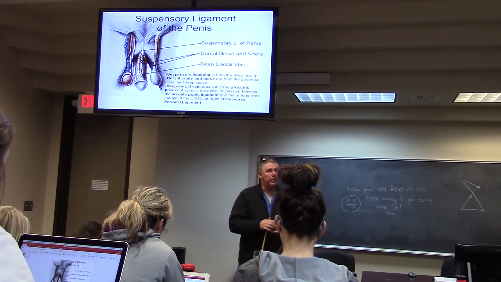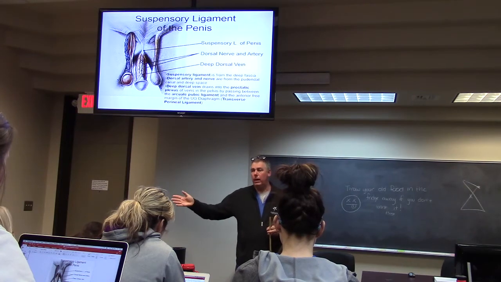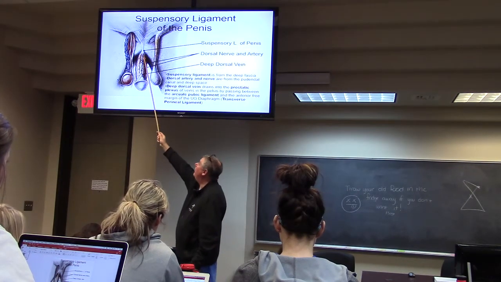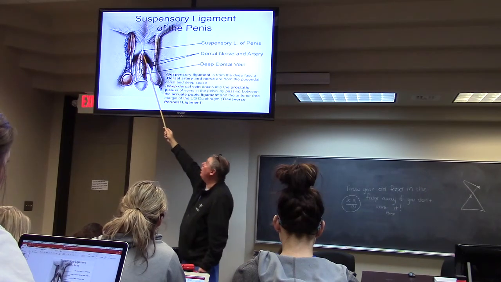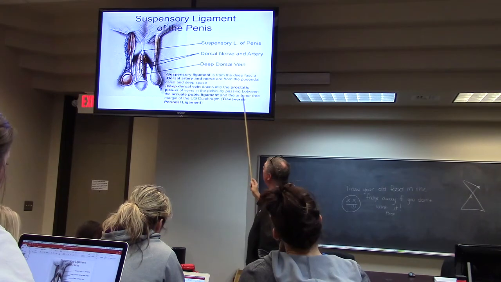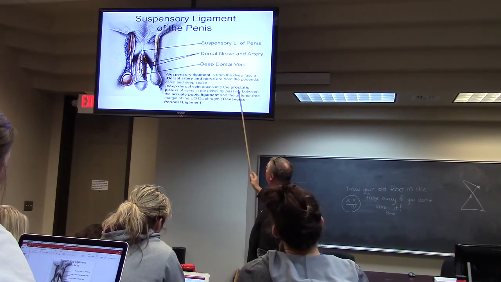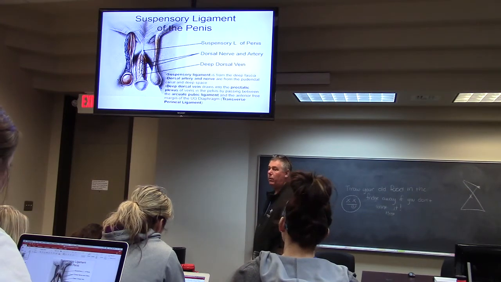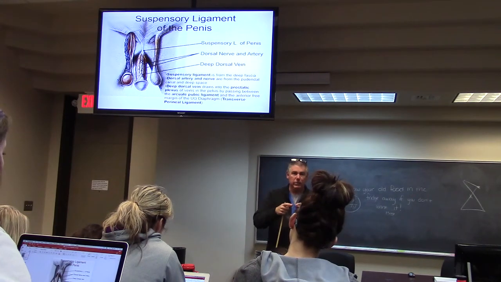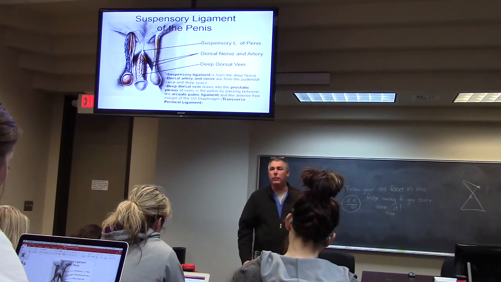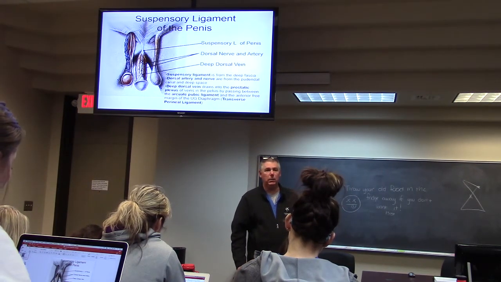Instead of going into that pudendal vein, it comes straight out and deep to the arch of the pubic bone and drains into the prostatic plexus in males, which is a network of veins around the prostate, or the cervical plexus in females.